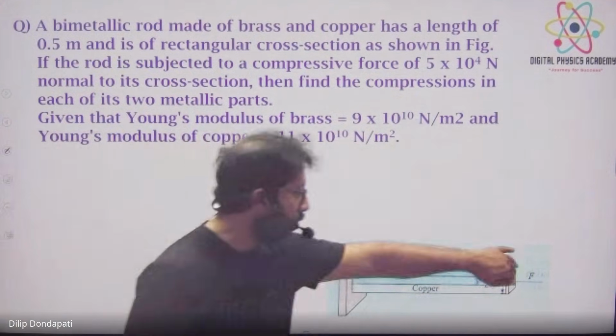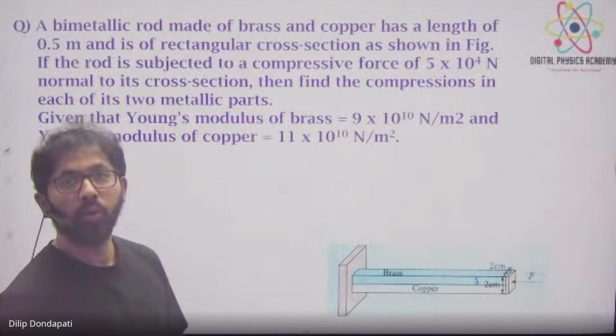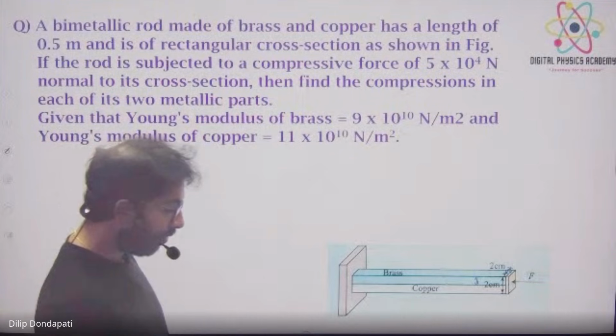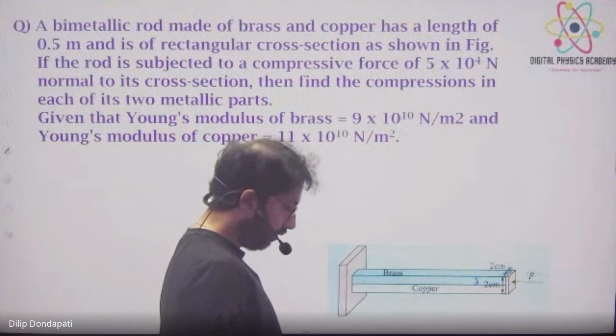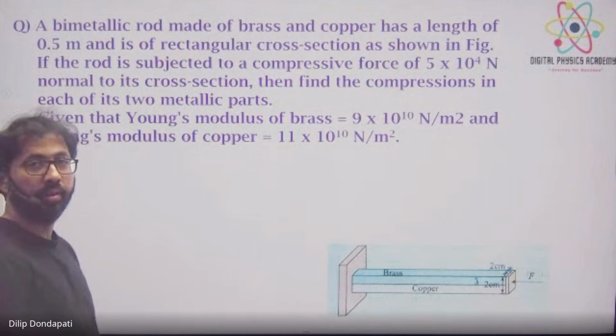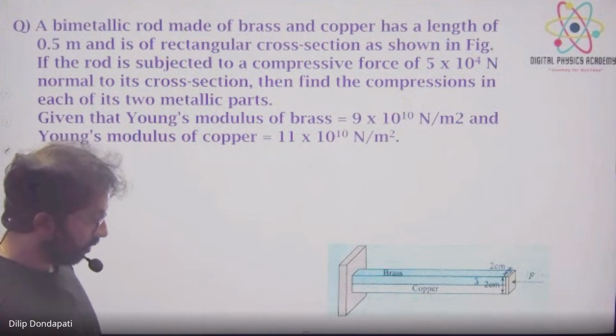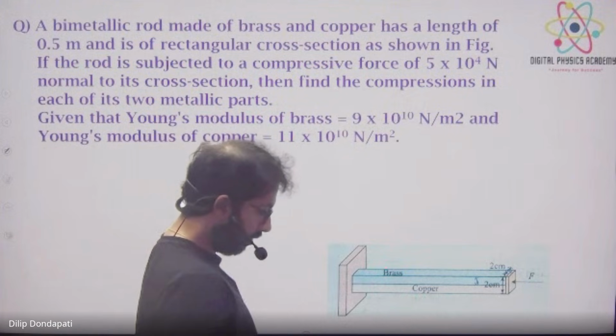When I apply a force like this compressive force, it's asking delta L is how much in both? Calculate the delta L of both. So both the brass and copper have the same length and same force. Same length and same force, yes. So delta L of each one we want. They didn't give radius.